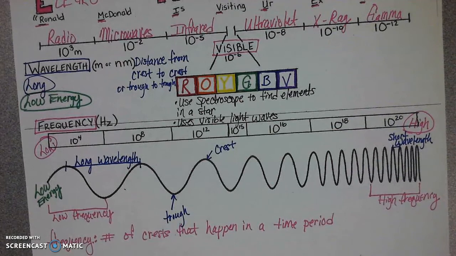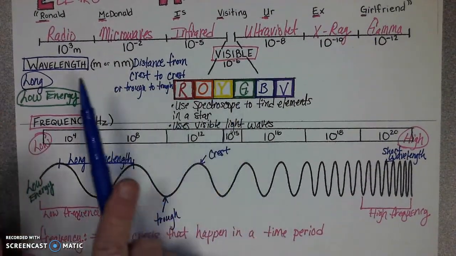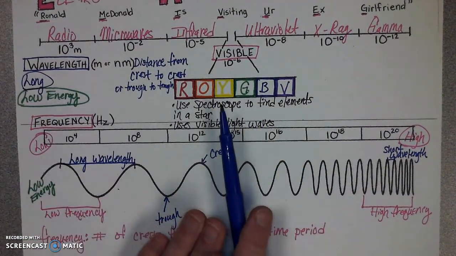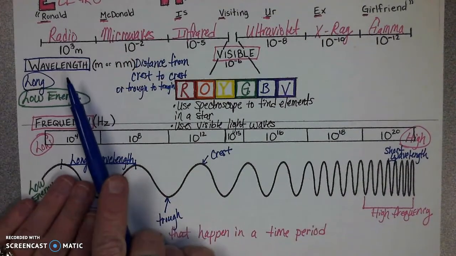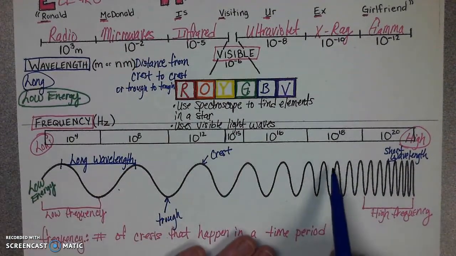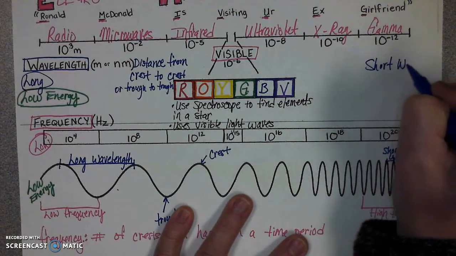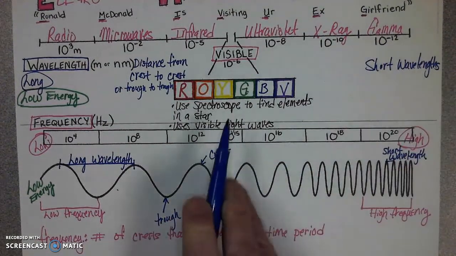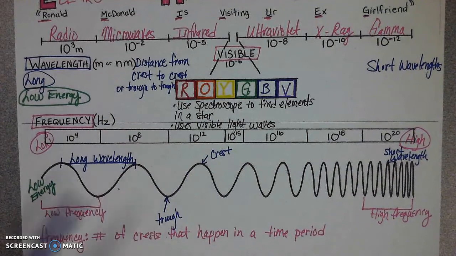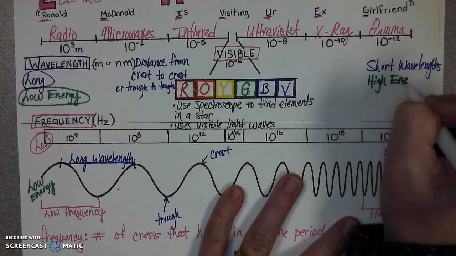Okay, so what's great about this is whatever's going on this side, the opposite is happening on this side. So over here, we have a long wavelength, and over on this side, guess what? We have short wavelengths. On this half, we have low energy. But guess what? Over here, we have high energy.